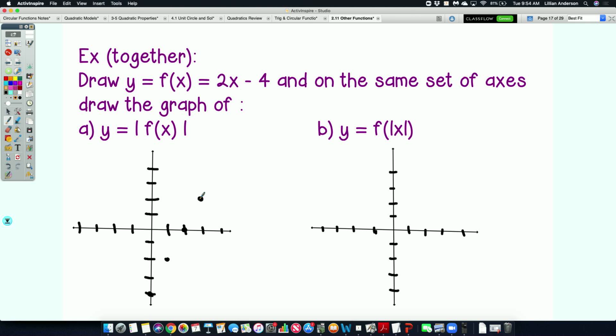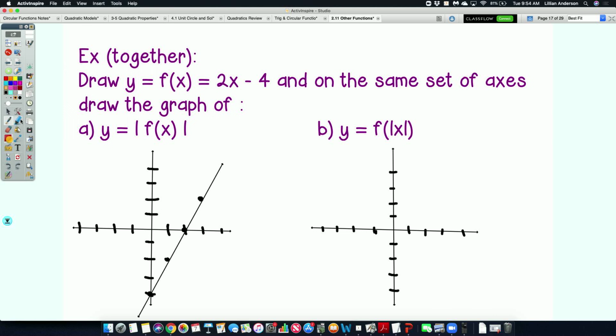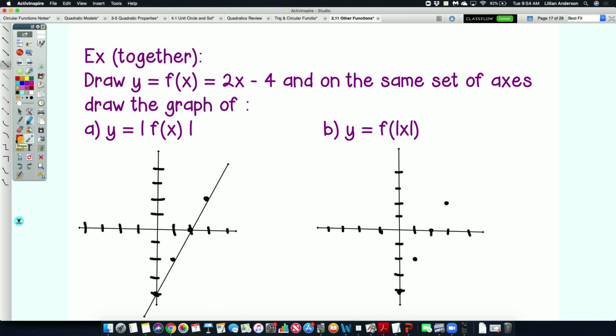So in other words, it has a slope of 2. And what shape is this? What figure is this? A line. A line. Yes. So we have a line. Try to make this as nice as possible.